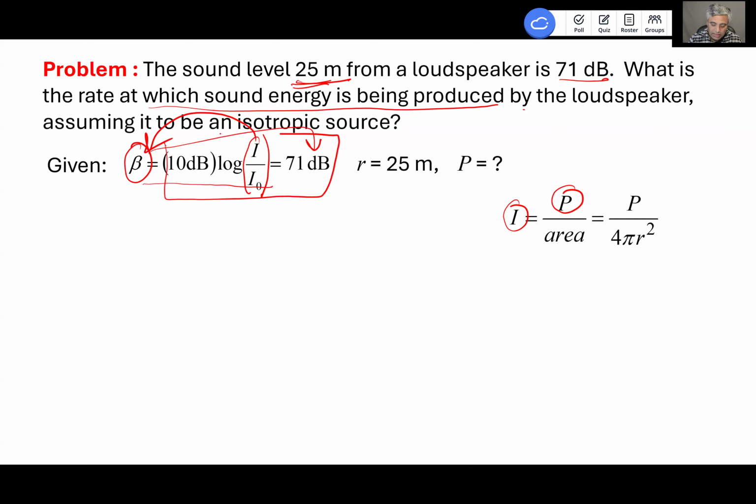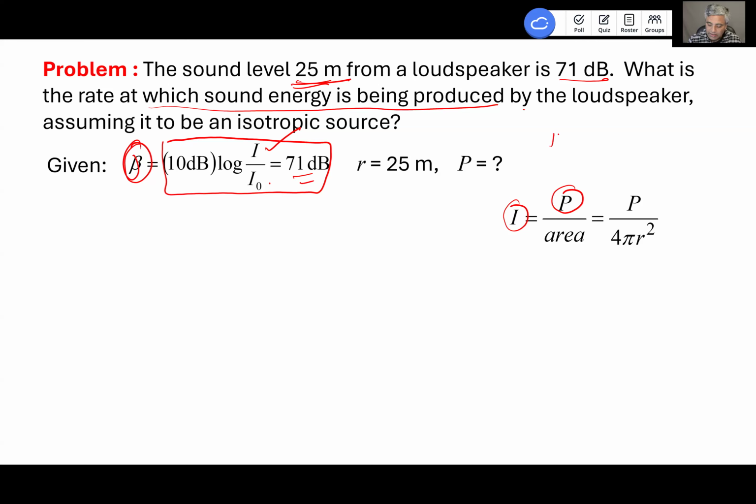So when we use this equation here, now what you see is this beta is 71 decibel, means now we can solve this equation for the I, because I0 is a constant number, so we can just use that from there, right?